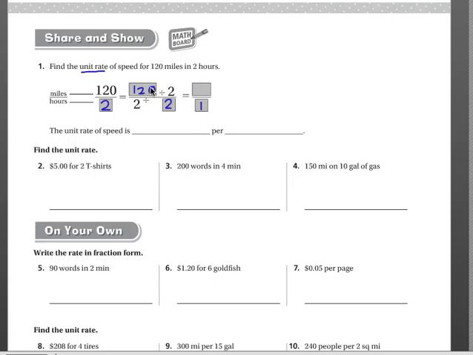And 120 divided by 2 is 60. So my unit rate is 60 over 1. That means I'm going to go 60 miles in 1 hour. So I'm going to go 60 miles per hour. So that is how I find the rate and the unit rate.